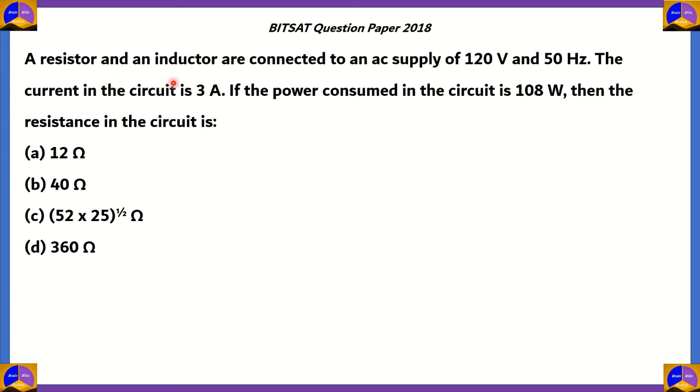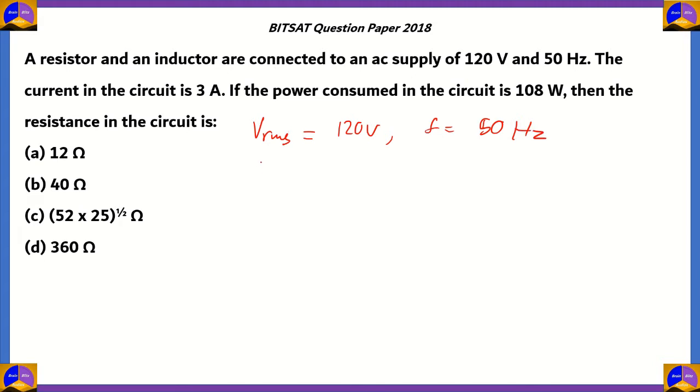A resistor and an inductor are connected to an AC supply of 120 volts and 50 hertz. The current in the circuit is 3 amperes. If the power consumed in the circuit is 108 watts, then find the resistance in the circuit. So in this question, the RMS value of potential difference is given as 120 volts and the frequency is given as 50 hertz.